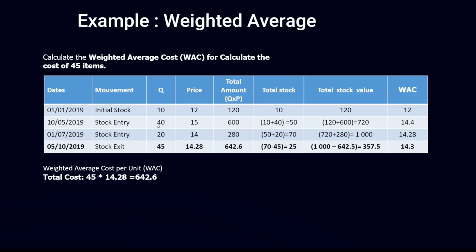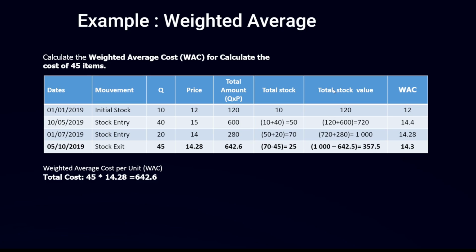We move to the second items, the second line. We purchase 40 items with a price of 15, and the total amount of the purchase for this period is 600. Then we calculate the total cumulative items available at this period. So there is 10 purchased the last time plus 40 that we just purchased, and we get total items in stock of 50.